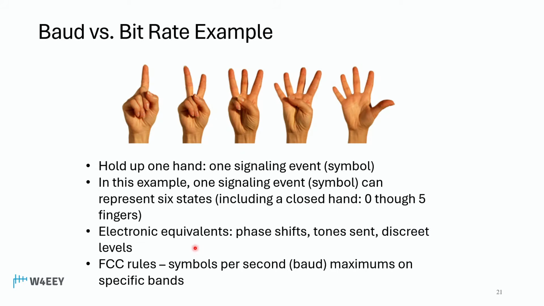And the electronic equivalent of that are phase shifts, individual discrete tones being sent, or discrete levels, how loud the tone is. And the FCC regulates symbols per second, maximums on specific bands. So we'll expand on that a little bit more.